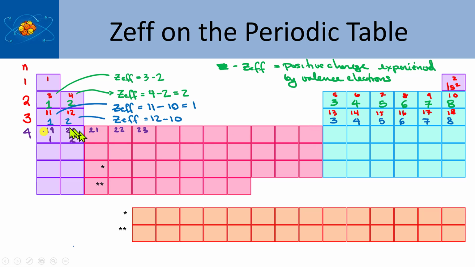These are still the valence electrons. So I'm going to be adding an electron into the core and adding a proton into the core every time I go across here. So while the charge goes up, the shielding goes up, and the effective nuclear charge that these electrons experience is roughly the same all the way through the transition metal series.